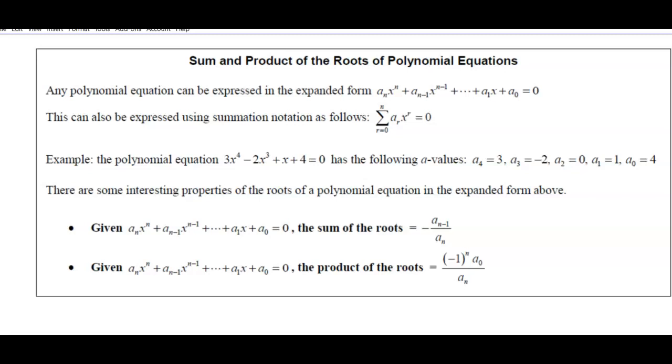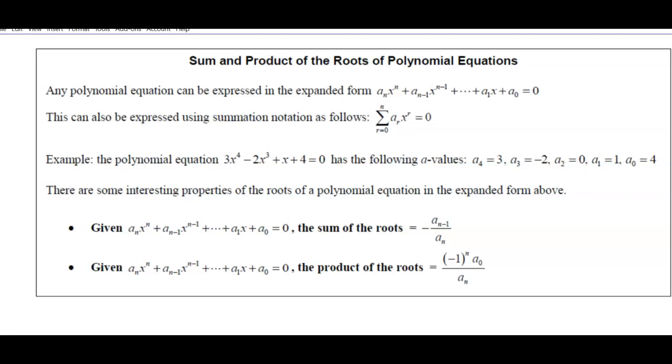So this is good when you have your polynomial function in expanded form. So no brackets, like terms collected, descending order of degree. We're going to call the leading coefficient A sub n, and the n matches the degree of that highest degree term, the exponent.